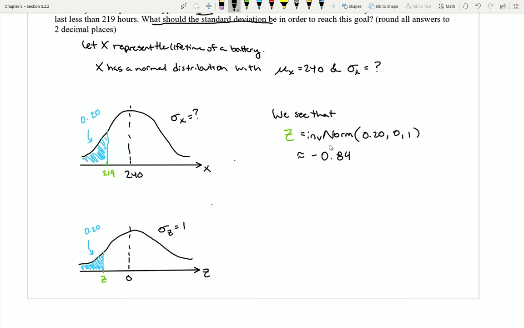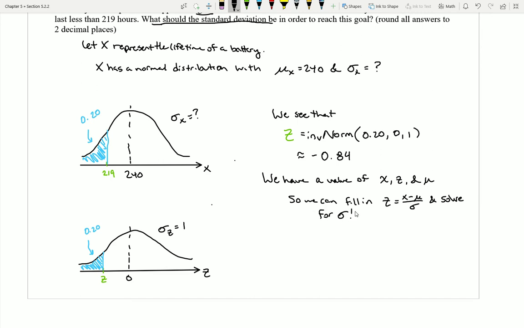But now I can see that we have a value of x, z, and our value of mu. So we can fill in our formula of z equals x minus mu over sigma and solve for sigma.